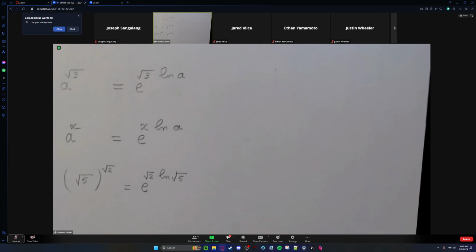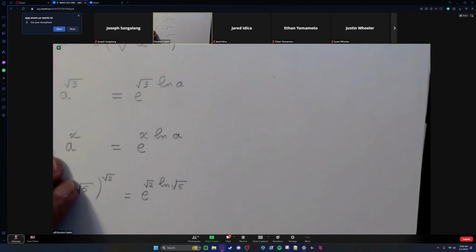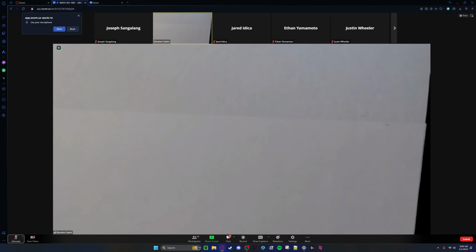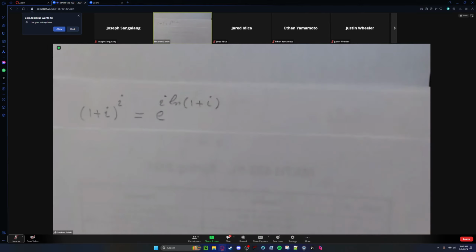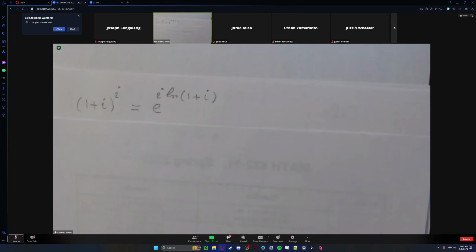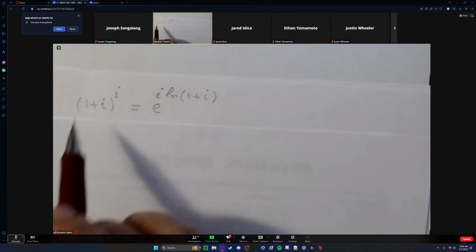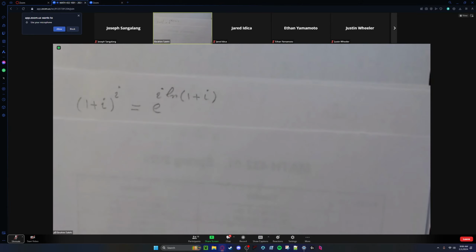Now, we are going to do the same thing in complex. In complex, I'd like to introduce the general exponential function. Something like this. You have a complex number to another complex number sitting as exponent.